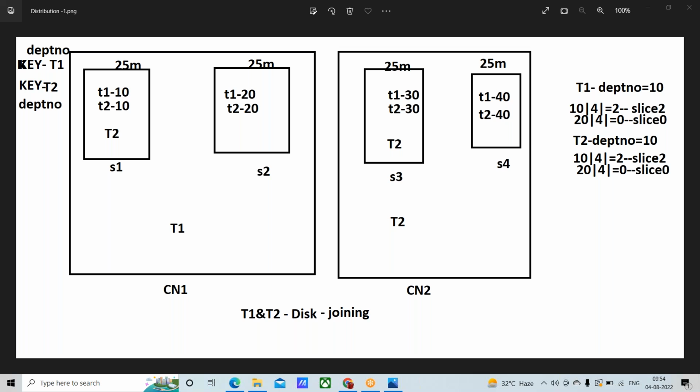I'll answer your earlier question. Especially with a big table and a small table, if they are based on the same key, uneven distribution will happen. That is the point.